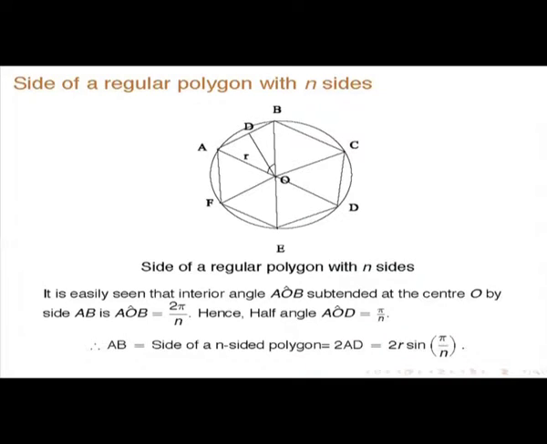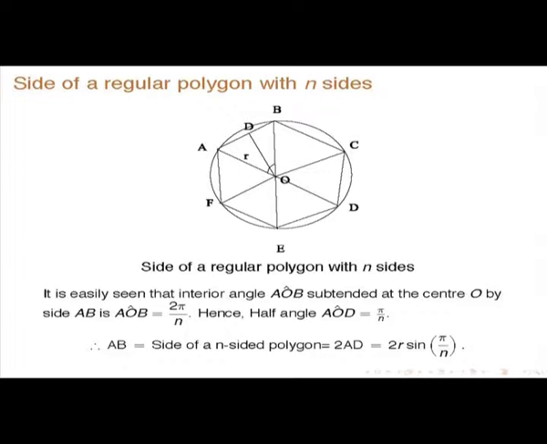What actually the exact result is the following. Suppose a polygon of n sides is inscribed in a circle like this. Then clearly the interior angle AOB is 2 pi by n, because it is 360 degrees, 2 pi, divided by n. So, this half angle will be pi by n.